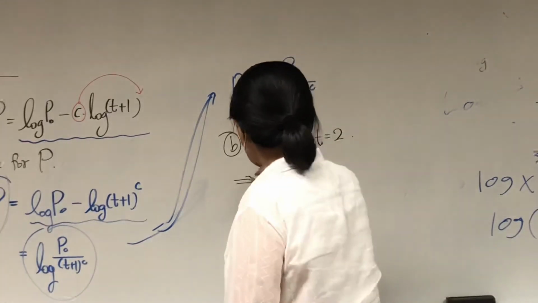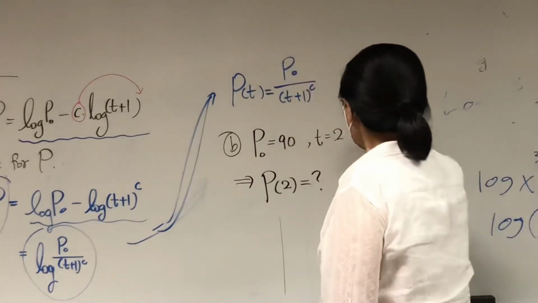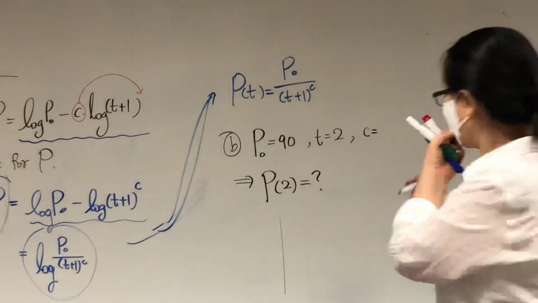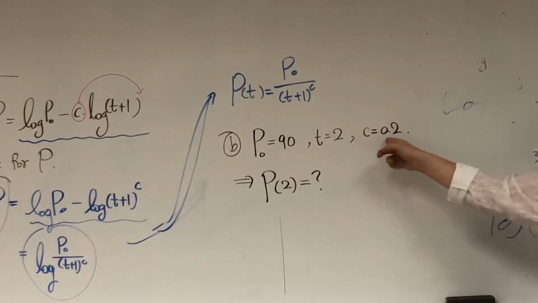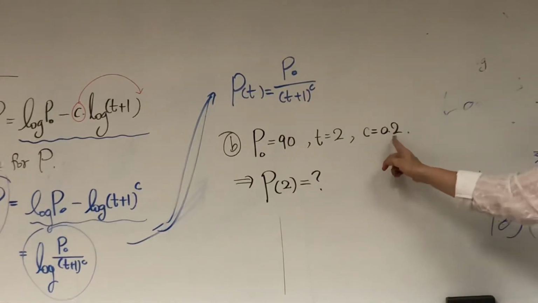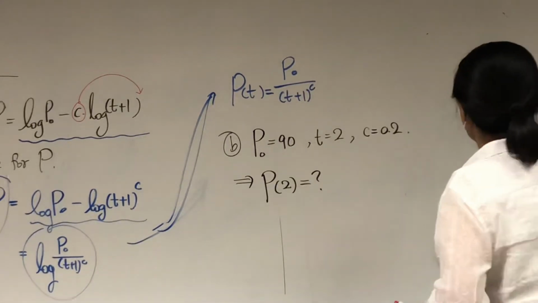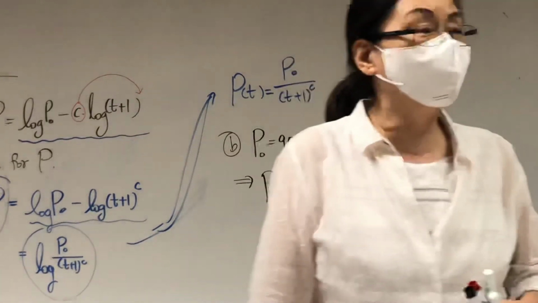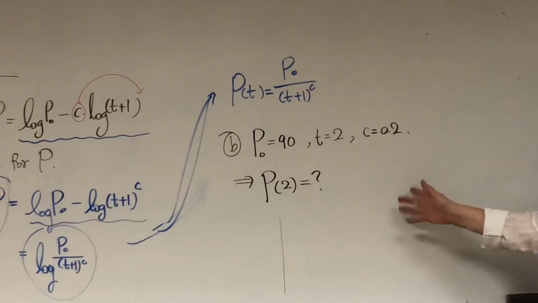What is your P of 2, 2 months later? Given C for history is 0.2. This is the learning coefficient. You can guess whether your score goes up or down. Let's apply it here.